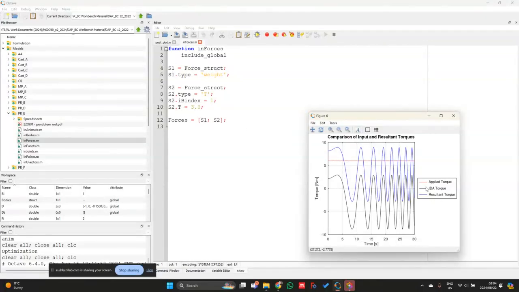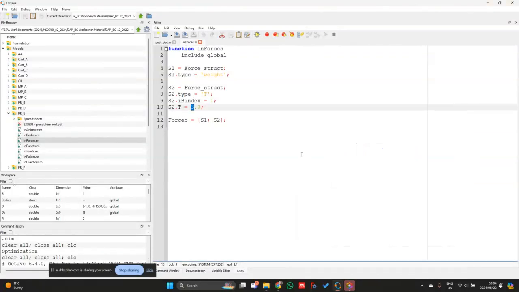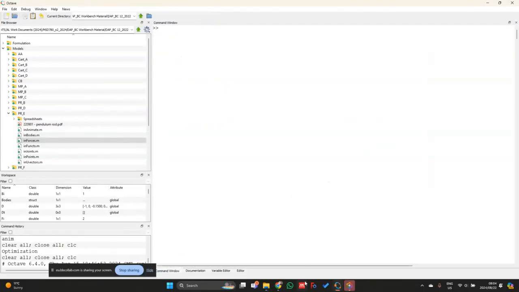So initially, if you just run the IDA or the inverse dynamic analysis, then you're going to get that it oscillates between 6 and minus 6. So what we expect is if we change this then to 6.0, then the torque that I specify should be in line with the resultant torque. So I'm just going to say clear all, close all again.